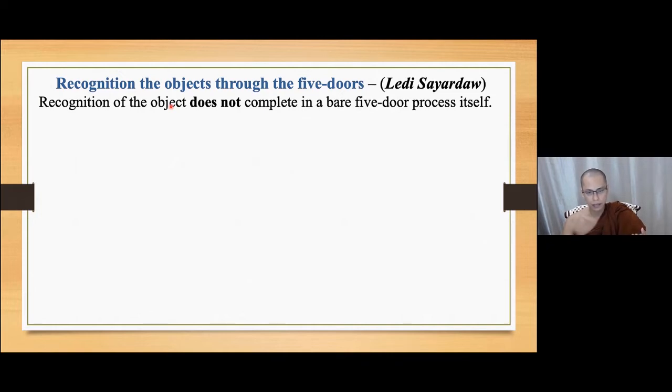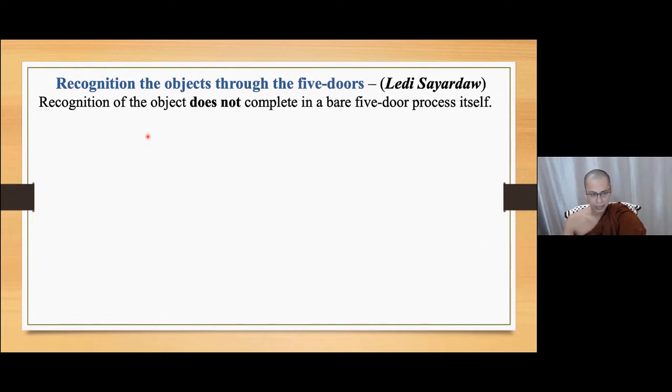Seeing comes about due to the condition of the object, sensitivity, light and attention. But in order to recognize what we see, we need the other process. The eye-door process alone is not enough to accomplish that recognition.